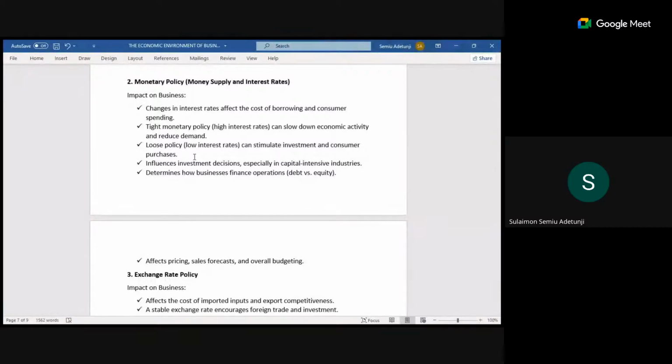If the interest is very low, fine, you can go and borrow. If the cost of borrowing is very cheap, then you go for it. So it's one of the issues you need to watch out for. If the policy is friendly and the cost of borrowing is less, then you go for it.